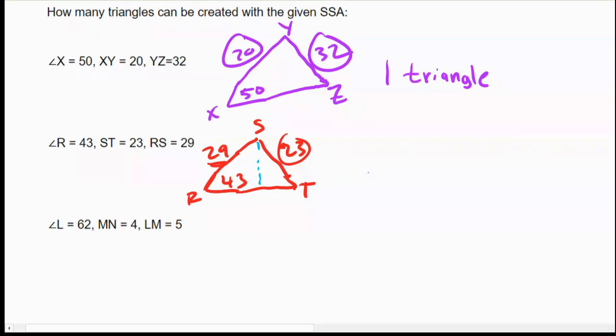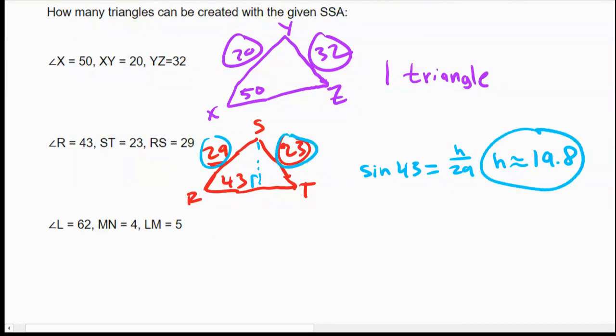My height here: sine of 43 equals the height over 29, because that's the hypotenuse of this right triangle I just created. I plug 29 times sine of 43 into a calculator, and my height is about 19.8. So my opposite side is greater than the height, but less than the adjacent side. This is one of those times that we have two triangles.